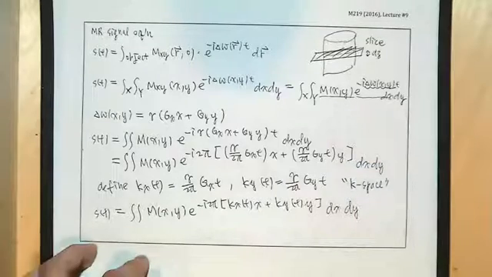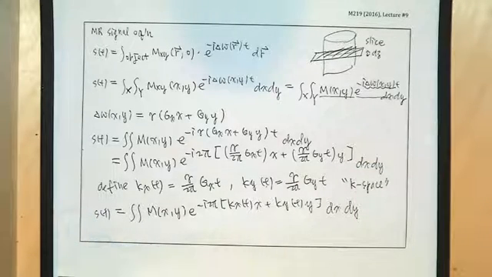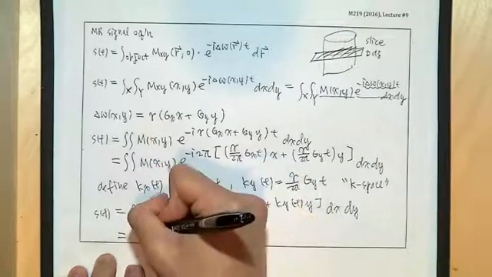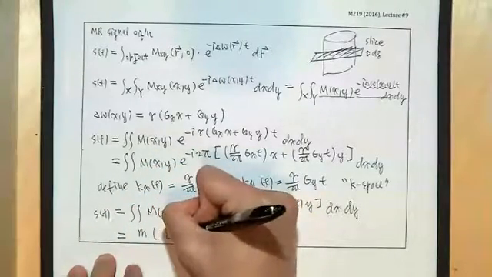Okay, I'll give you a minute, just write that down. Does anyone know what this looks like? Yes, it's a Fourier transform. So, write it like this.